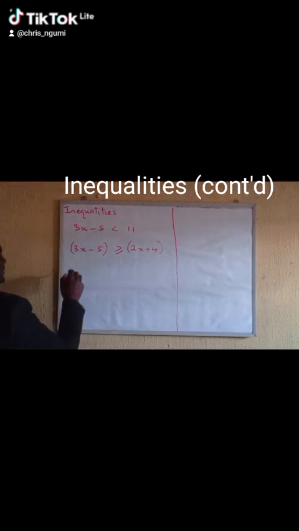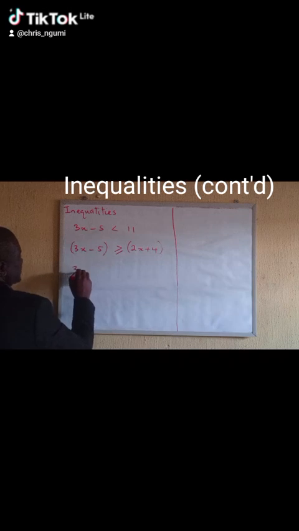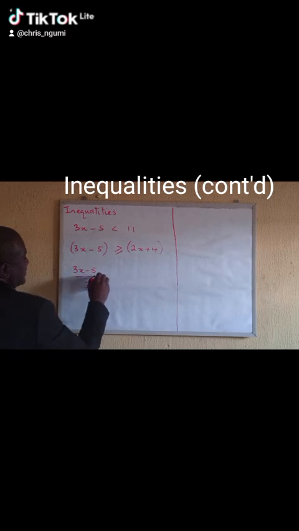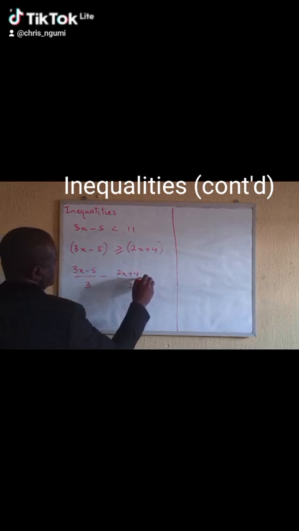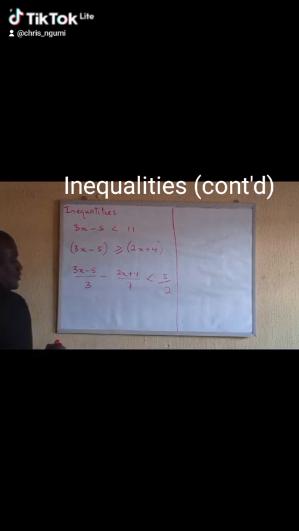Then the last form is inequality with fraction: (3x minus 5) all over 3 minus (2x plus 4) all over 7 is less than 5 all over 2. For instance, this is an inequality with fraction.